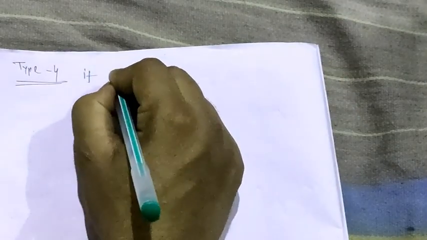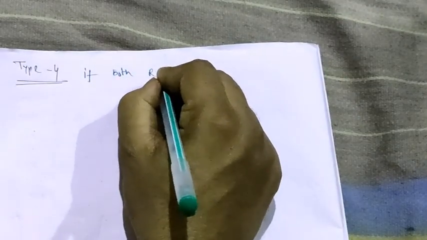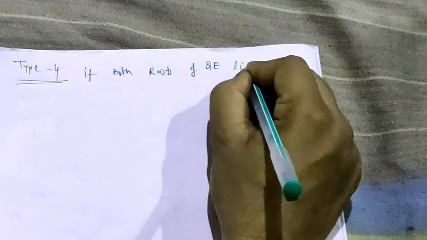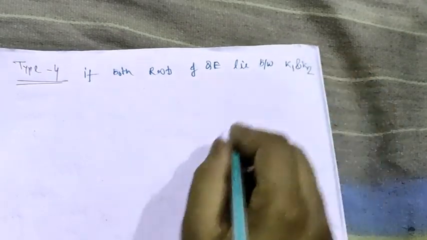And coming to the next part, that is type 4. Here the condition is that both roots of the quadratic equation lie between k1 and k2. Here also k1 is less than k2.